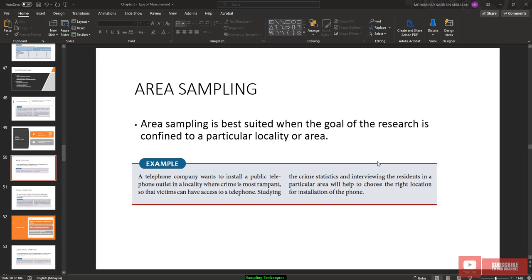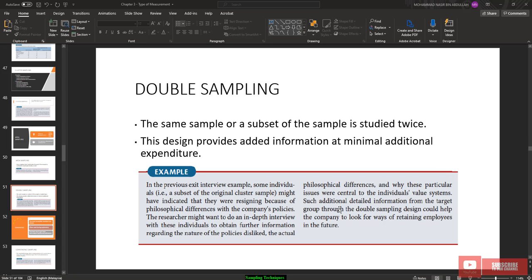For example, a telephone company wants to install a public telephone outlet in the locality where crime is most rampant, so that victims can have access to a telephone. Studying the crime statistics and interviewing the residents in a particular area will help to choose the right location for installation of the telephone, right?